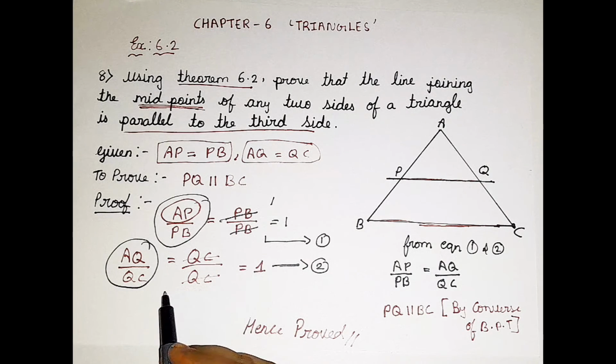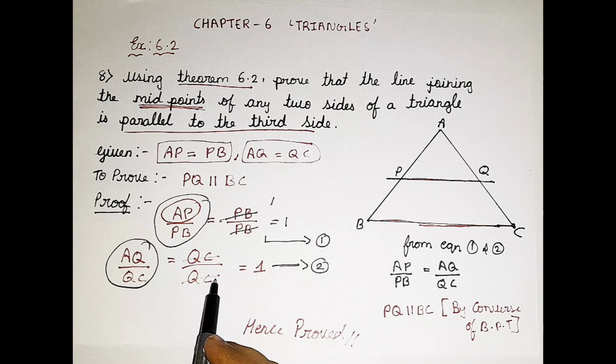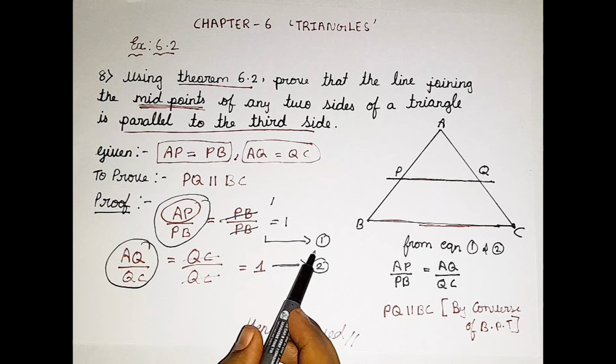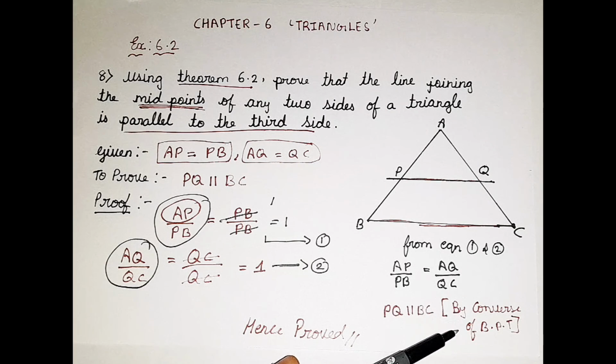Here also I substituted the value, QC, cancelled it, and wrote 1. Now from equation 1 and 2 I got this one. So finally without using BPT itself we got this value. Since we got this value, I can say it is parallel by using converse of BPT. It is mentioned in the question. And finally I proved it.